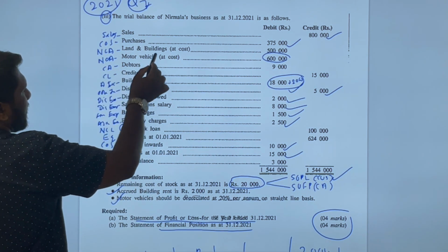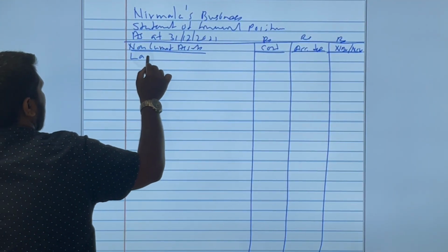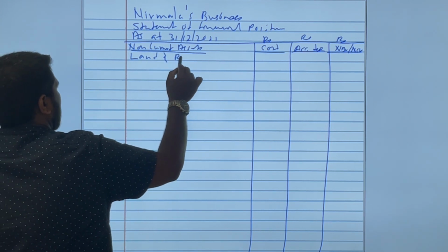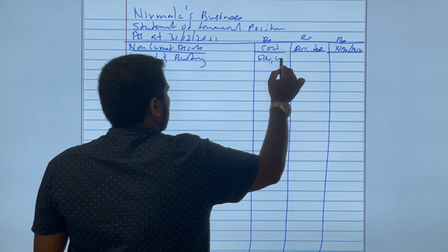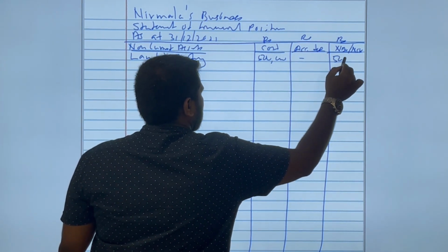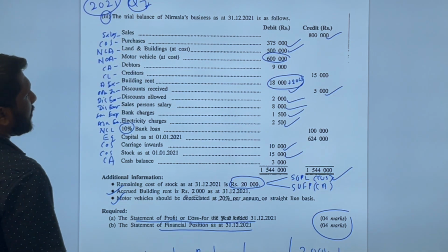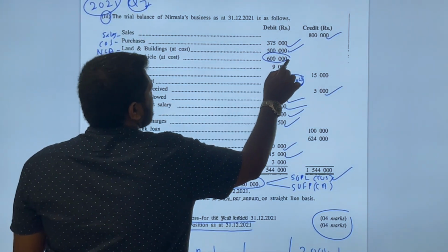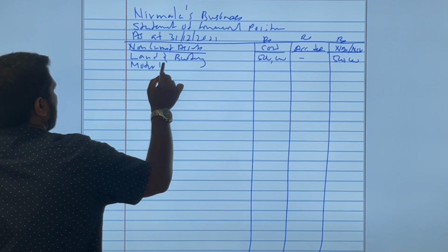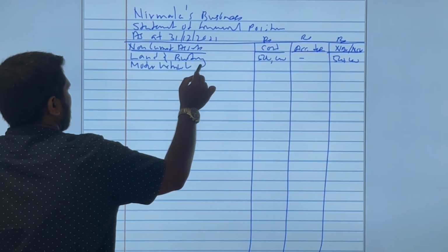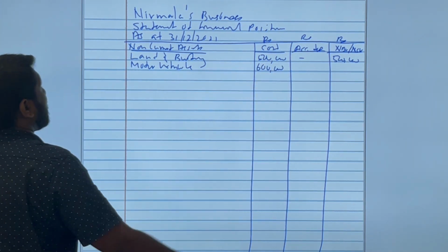So let's go to the trial balance. Here we have non-current asset, land and building, 500,000. No accumulated depreciation for that, so here it is 500,000. Then you have motor vehicles, 600,000. Ideally from the motor vehicle the depreciation should get reduced, no?